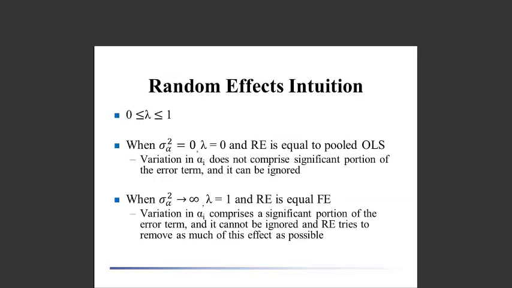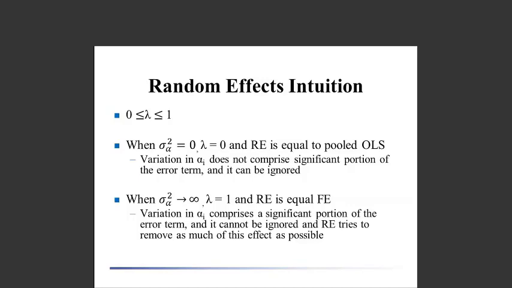So let's get rid of some of the equations and just talk a bit about the intuition behind random effects. Lambda is typically between 0 and 1. When lambda is equal to 0, the system is equal to a pooled OLS regression. And this makes sense because in order for lambda to be 0, sigma alpha, the variation in our unobserved heterogeneity term, would have to be 0.